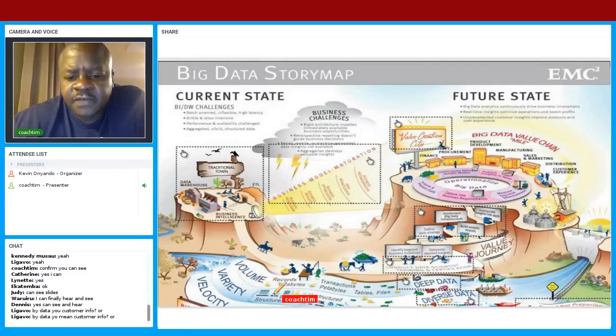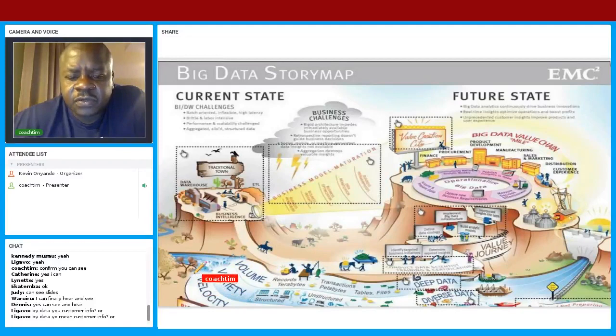Variety representing the diversity with which the data is coming in. So you can see it's both structured and unstructured. Yeah. Structured is what we mostly deal with, but by unstructured, we are looking at HTML, websites, social media, images, videos. Then there's velocity. So velocity is the speed with which the data is flowing through.